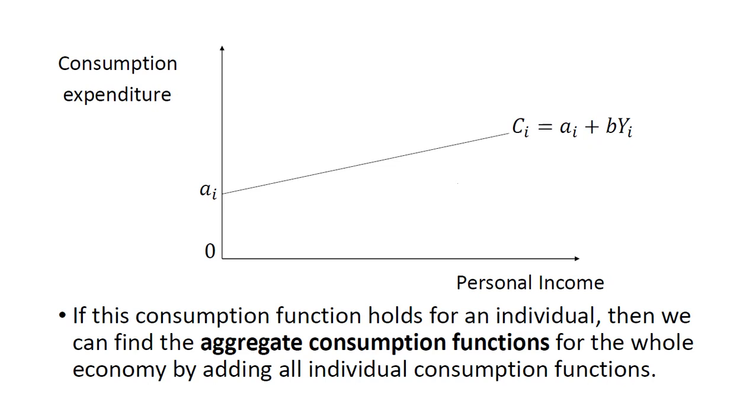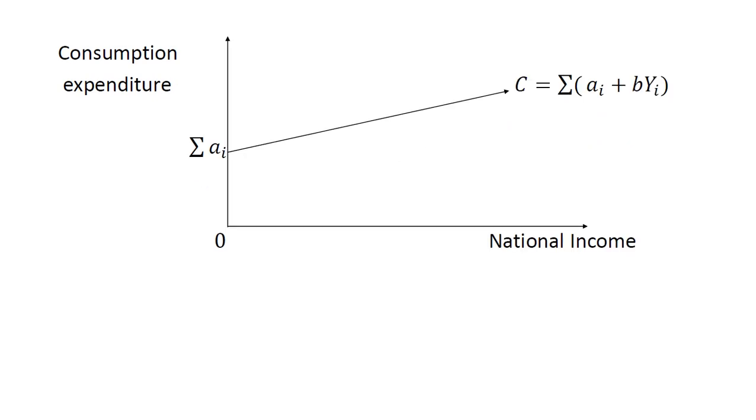And if on the average people spend 50% of their income on consumption, then the economy as a whole, we can say that individuals spend 50% of their income on consumption. So this is how to give us the aggregate consumption function when you sum all the individuals in the economy.